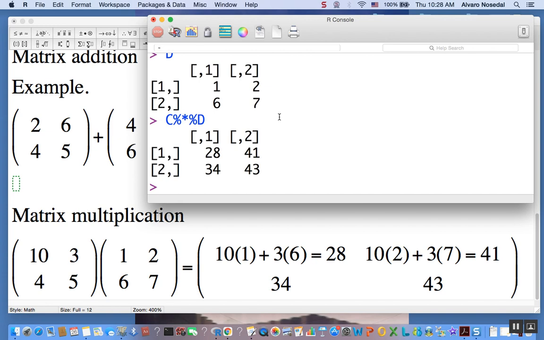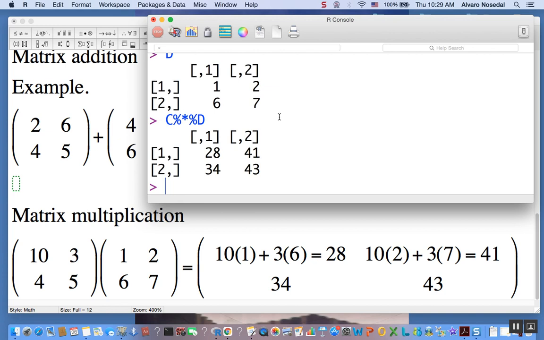Now that we have remembered how matrix multiplication works, I would like to make a few comments about it. First one, order matters. The product AB is not the same as the product BA in general.